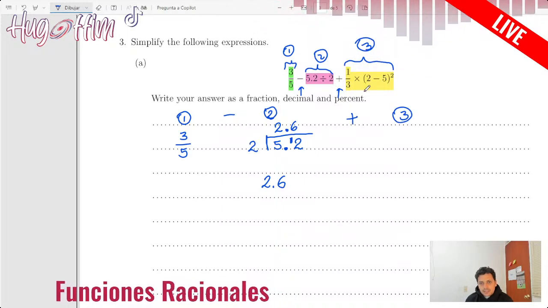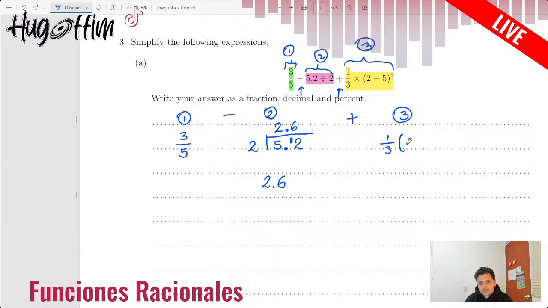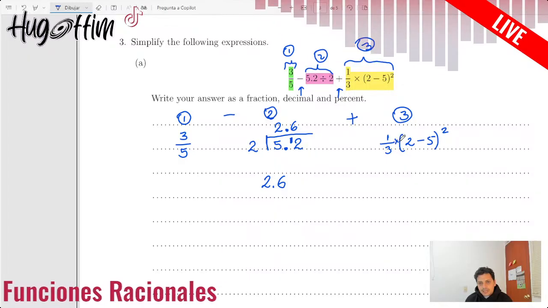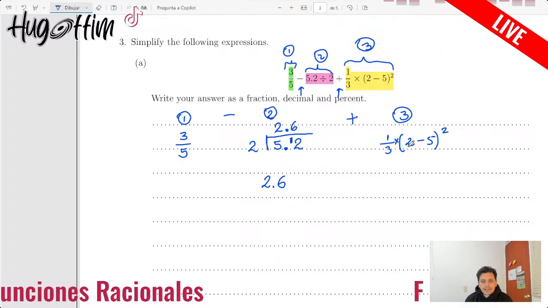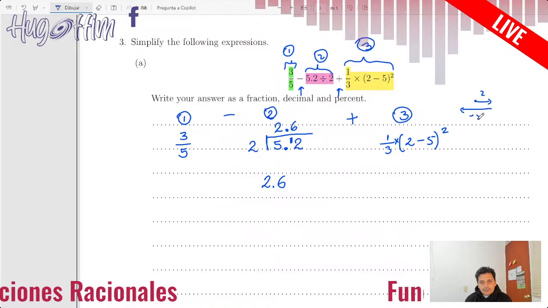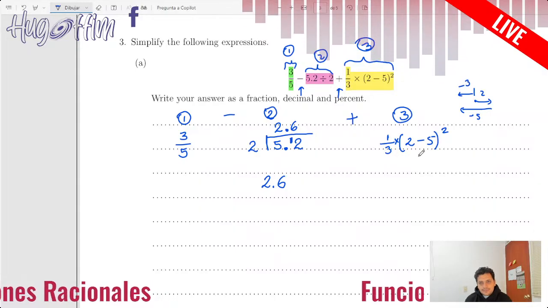That is all this information that is here. A third of 2 minus 5 to the second power times 2 minus 5. 2 minus 5 is going to be this value that is here, that is -3.